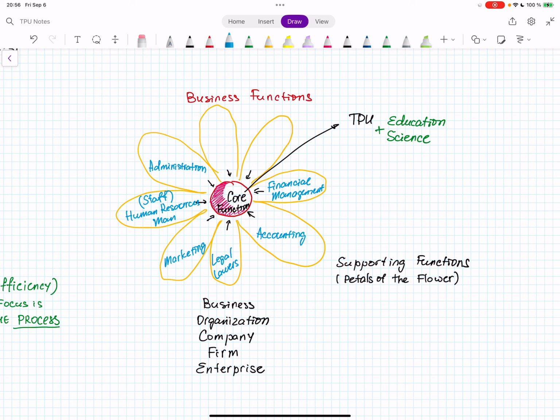Management is one of the supporting functions for business. You can have other functions as well.